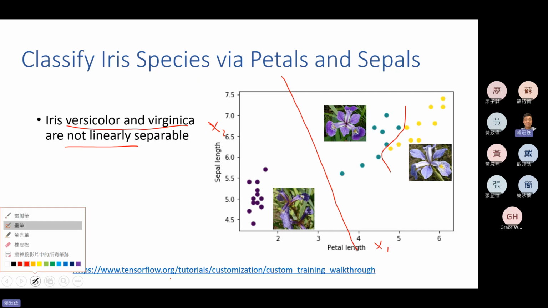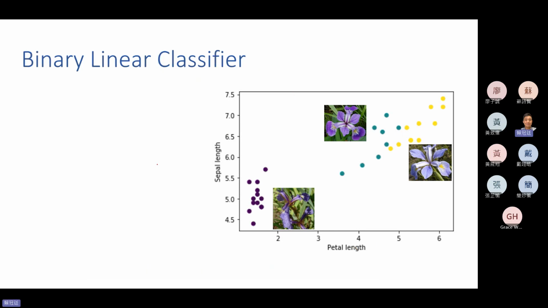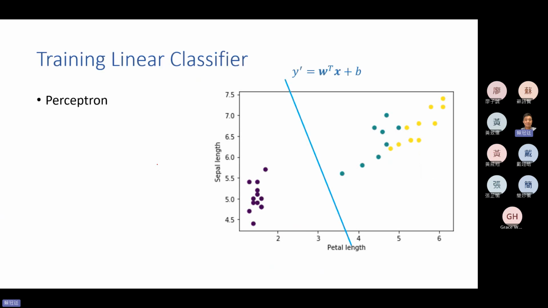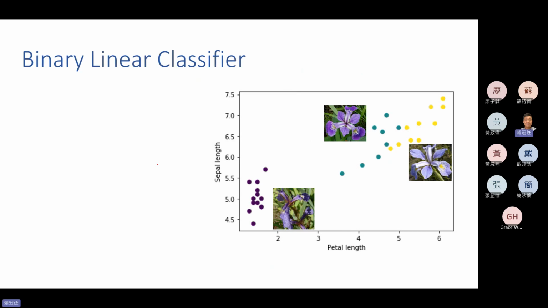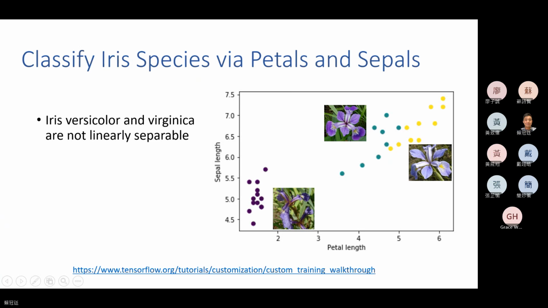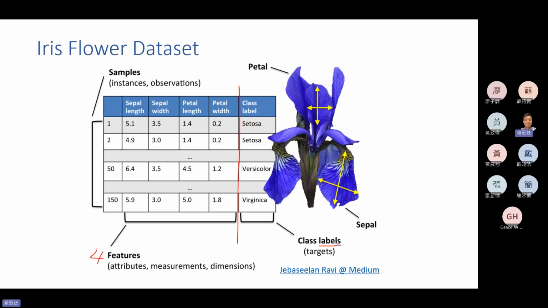So this is one of the TensorFlow tutorials. First, we try to find a binary linear classifier. Binary means there are only two classes, right?